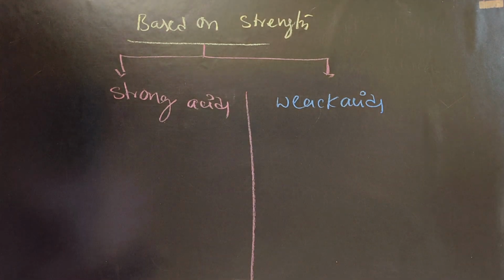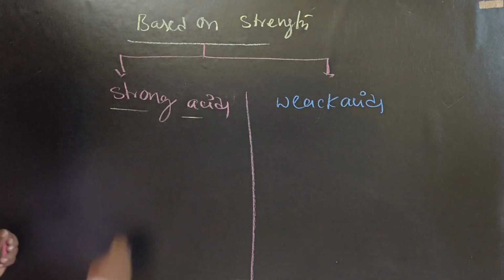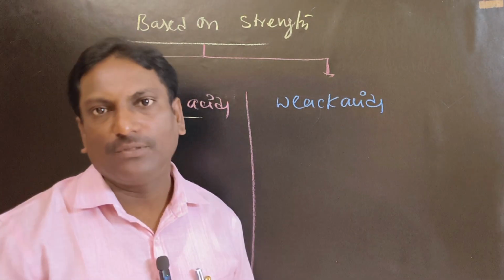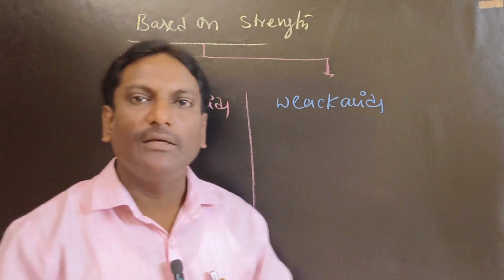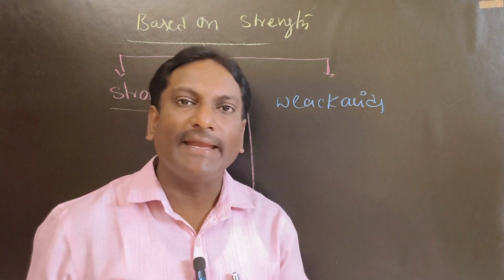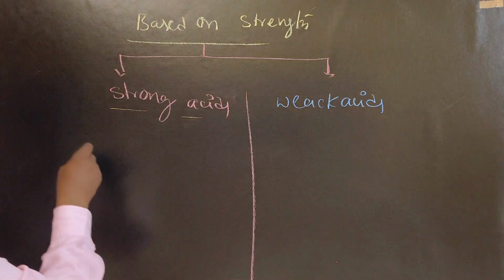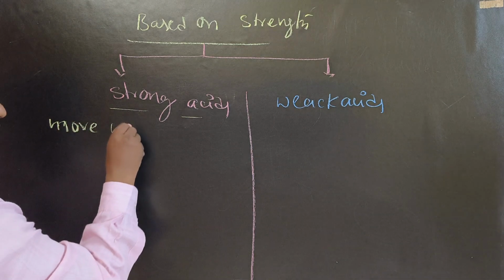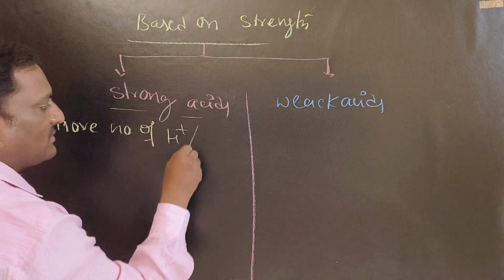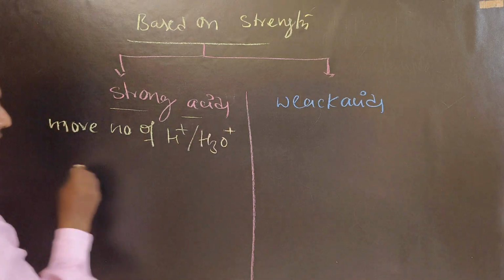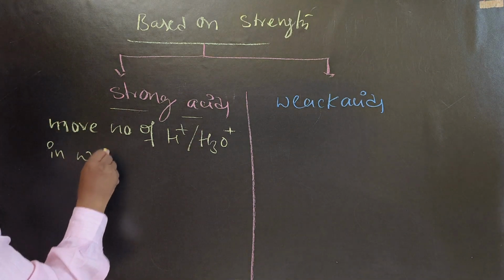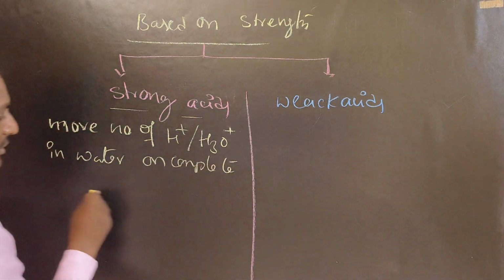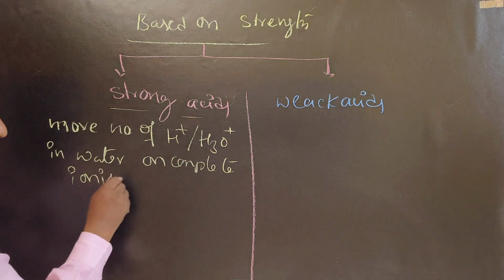What is meant by strong acids? Strong acids means those acids which produce more number of H plus ions or hydronium ions in water on complete ionization.